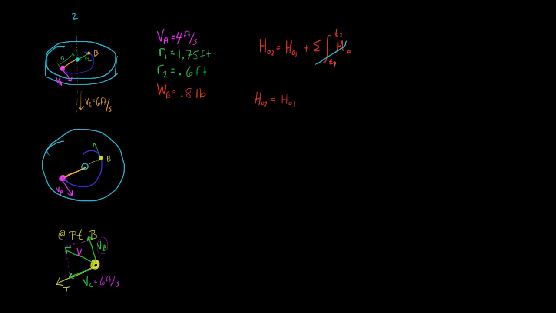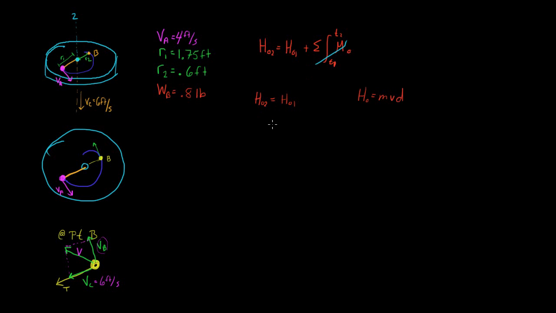And we know that angular momentum is equal to a mass times a velocity times a perpendicular distance. In our case, this perpendicular distance right here is going to be r1 or r2.